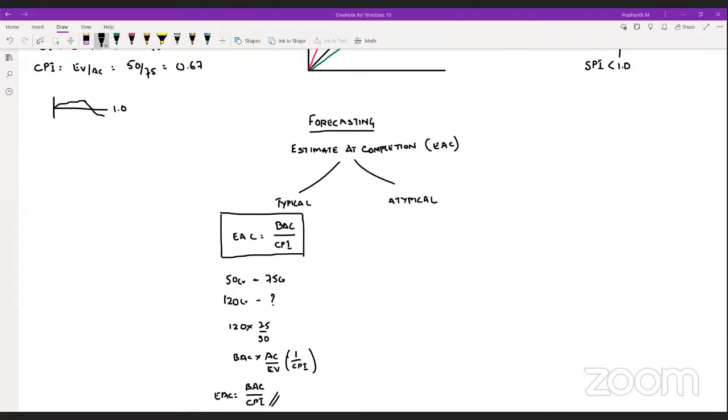Then we have to understand what actually happened in the project till now. So why is he saying that the future is going to be different? In that case, we need to ask a question.